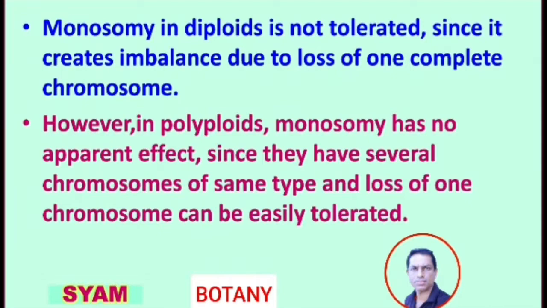Monosomics in polyploids are a common phenomenon, but in diploids one homologous chromosome is completely absent, so that leads to death. So monosomics in diploid organisms are not commonly tolerated.